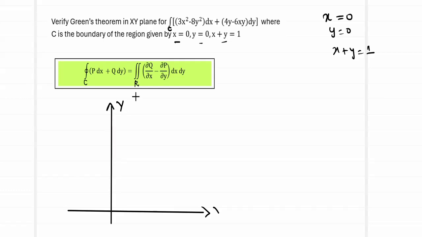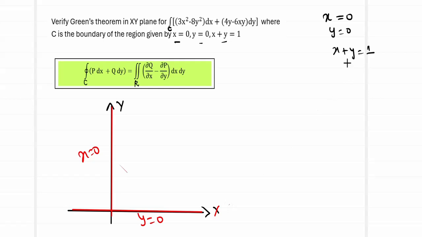So this is the first line, given by x equal to 0, and the next line is given by y equal to 0. So the first two lines have now been fixed: this is x equal to 0 and this is y equal to 0.